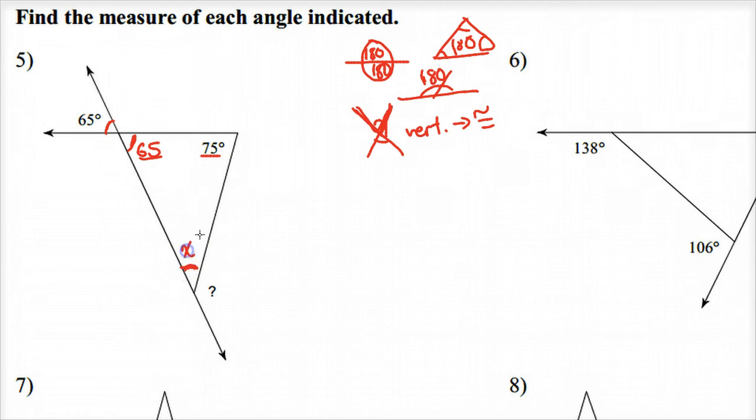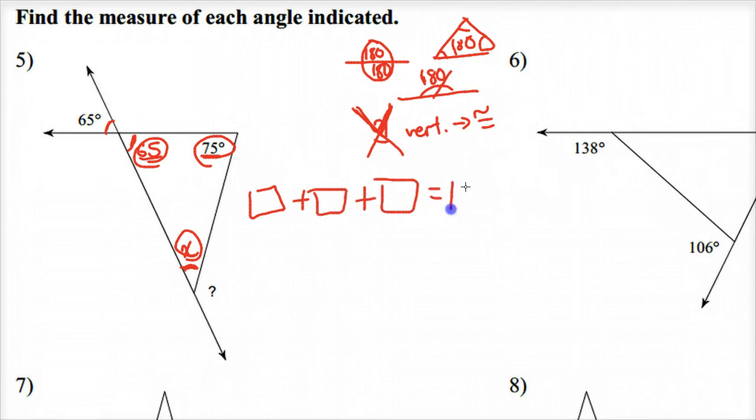Let's call that X. I know those three together are inside the triangle, and the three angles inside the triangle add up to 180. So 65, 75, and X add up to 180.